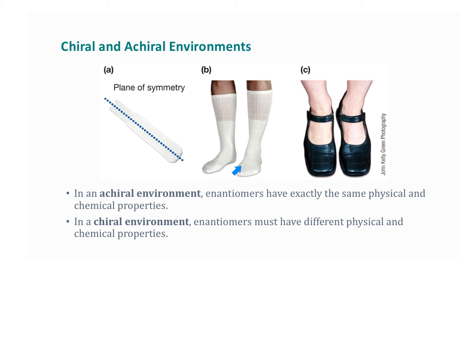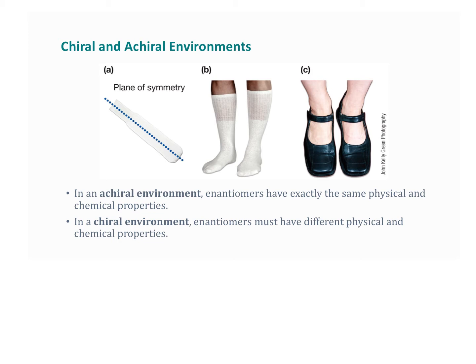It doesn't really matter. But a shoe is chiral, and so a left-footed shoe has to fit on a left foot, and a right-footed shoe has to fit on a right foot. So in chiral environments, and these can occur in a variety of ways, enantiomers have different physical and chemical properties.